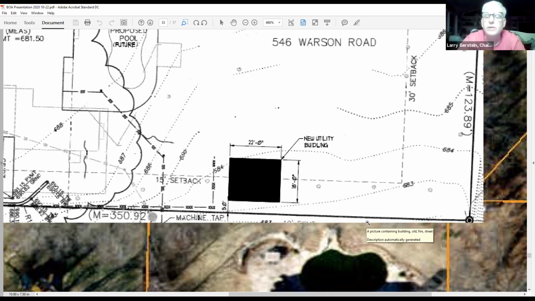Gutters, is that something that we require, or is it up to the builder? Doesn't a roof have to have a gutter, a pitched roof? That may be part of the building code in some way, shape, or form. I could not tell you what the code is on that one.